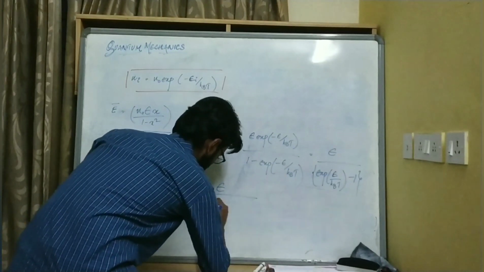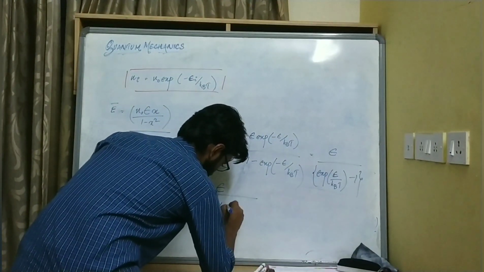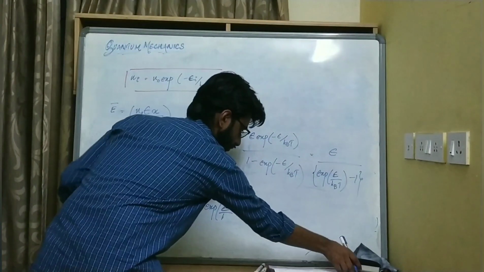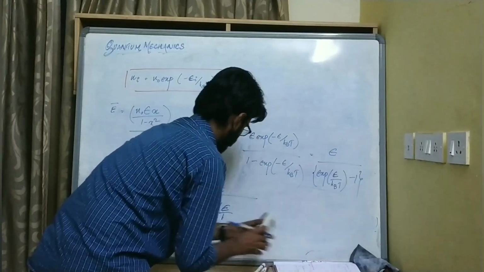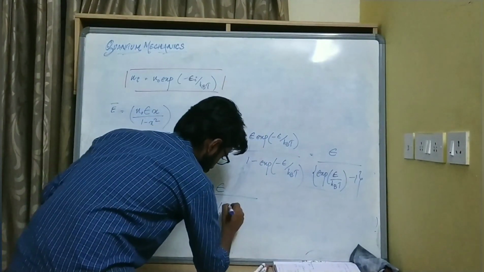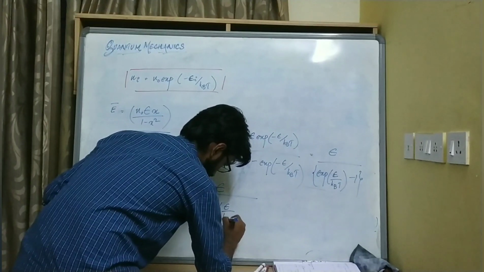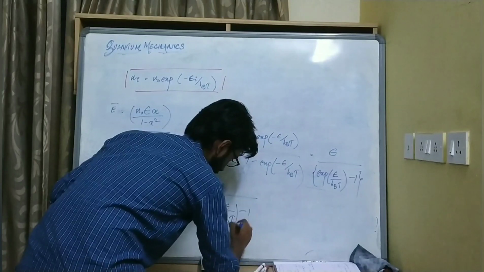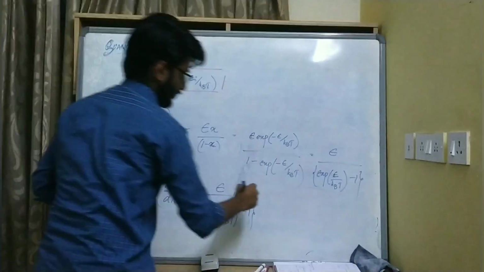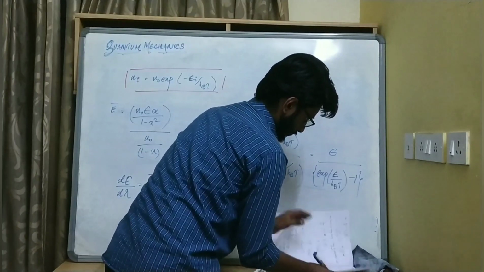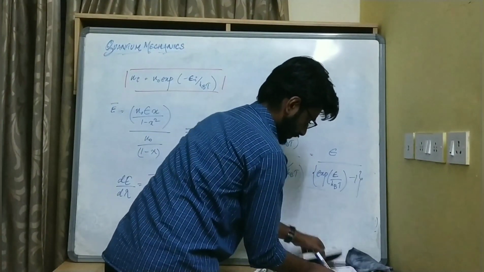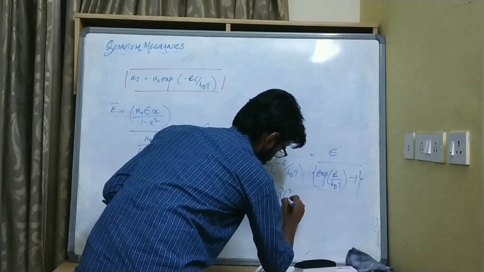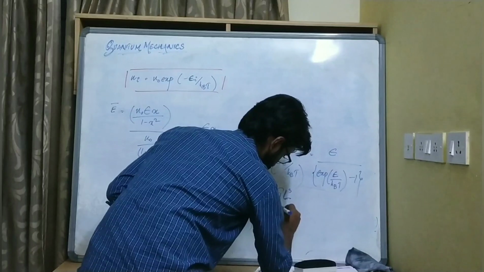So epsilon by exponential epsilon by kBT minus 1, times 4 pi L cube by lambda to the power 4.